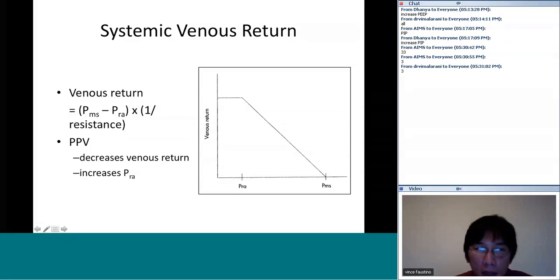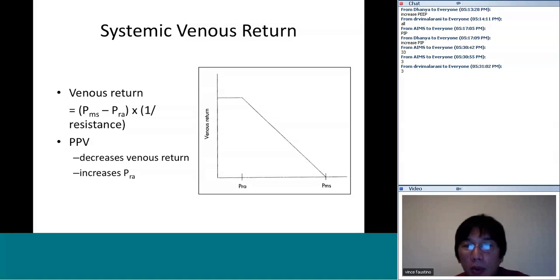So mathematically, venous return is the difference between MSFP, or your mean systemic filling pressure, minus right atrial pressure, times 1 over resistance, or the difference in pressure divided by resistance. It's the same formula as Ohm's law of hemodynamics, where pressure is equal to flow times resistance.